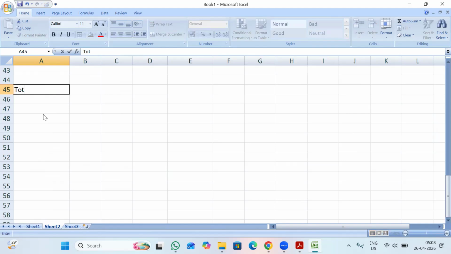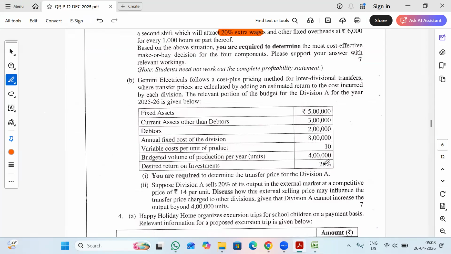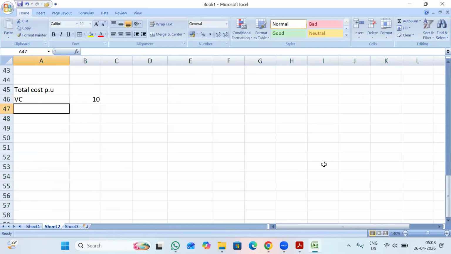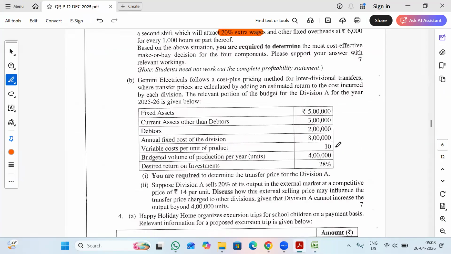My total cost per unit is equal to variable cost, that is 10 rupees per unit, plus fixed cost. They have given the annual fixed cost of the division as 8 lakh, for how many units? 4 lakh units.